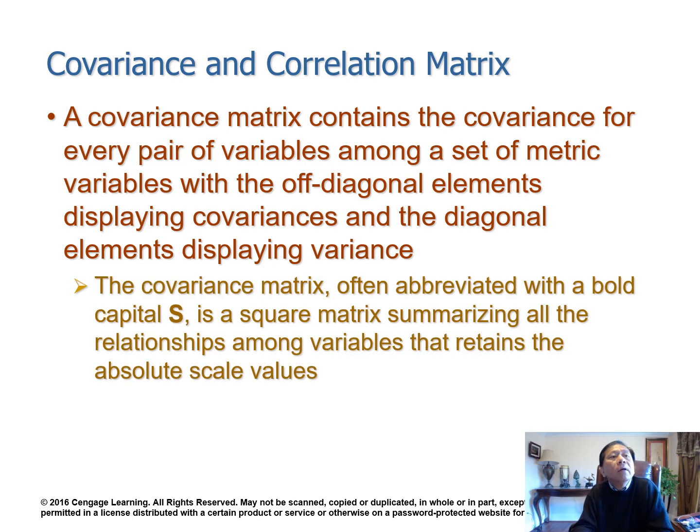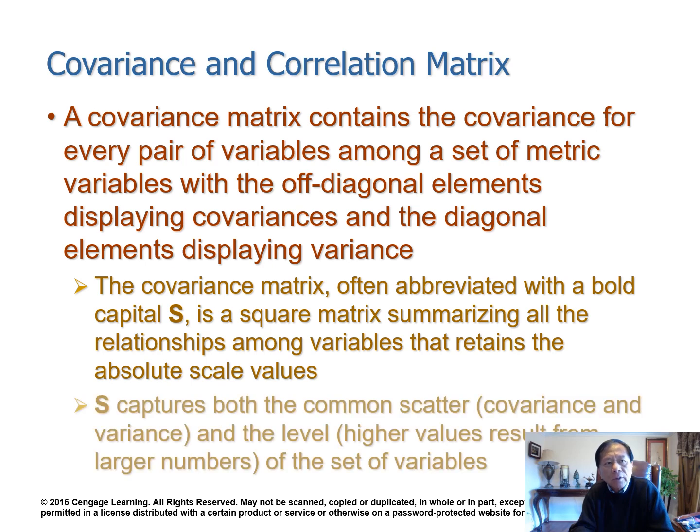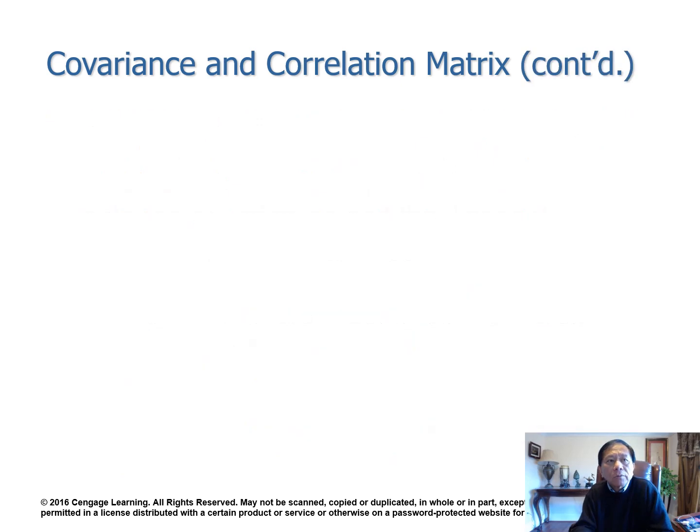The covariance matrix, often abbreviated with the bold capital S, is a square matrix summarizing all the relationships among variables that retains the absolute scale value. S captures both the common scalar covariance and variance and the level. Higher values represent larger numbers of the set of variables.